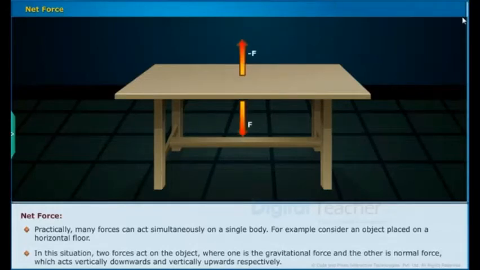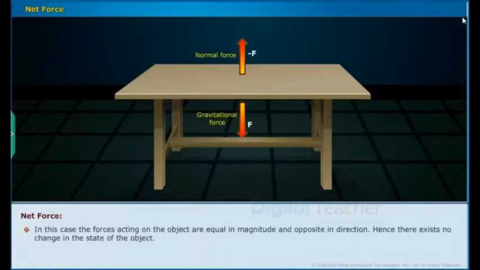Practically, many forces can act simultaneously on a single body. For example, consider an object placed on a horizontal floor. In this situation, two forces act on the object, where one is the gravitational force and the other is normal force, which act vertically downwards and vertically upwards respectively.